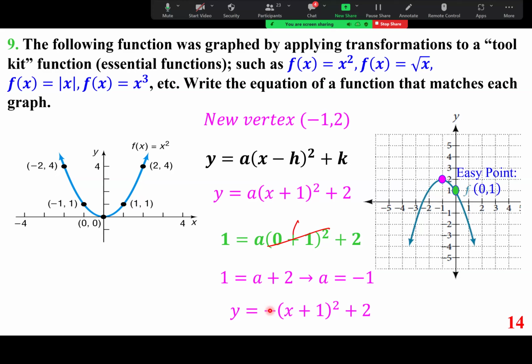For example, this one seems to be -3, -2, and make sure that works, and it does. So use easy points, the points that are for sure, because if they are not nice and easy points, we may make a mistake, okay?